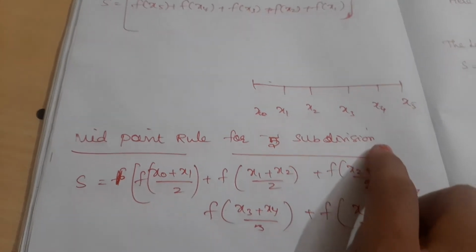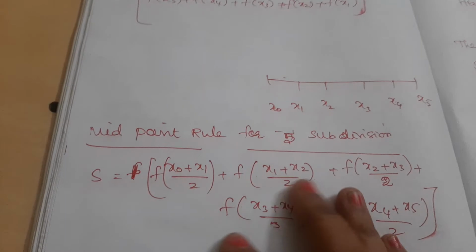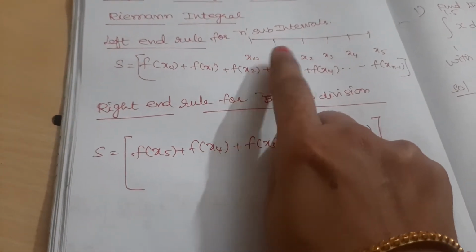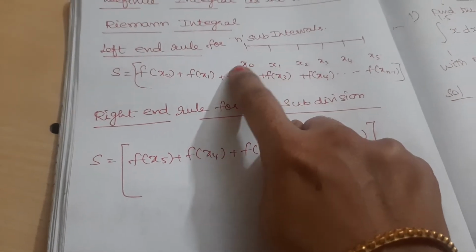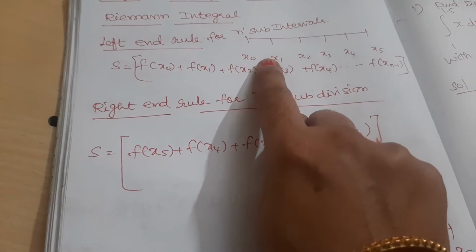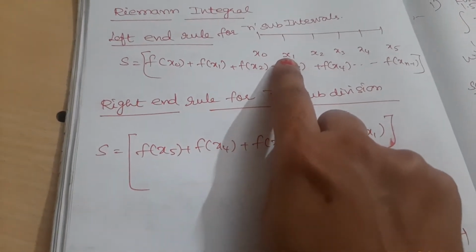Midpoint rule for 5 subdivisions. So S is equal to f of (x0 plus x1) by 2. Midpoint means adding these two numbers and dividing by 2. So the first number we get is f of (x0 plus x1) by 2.